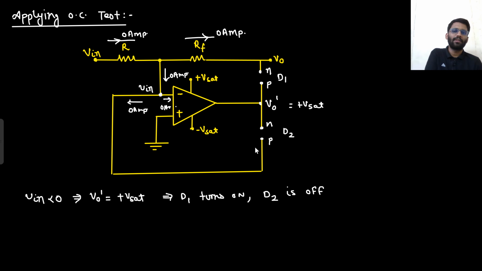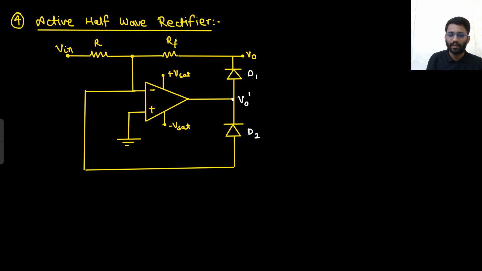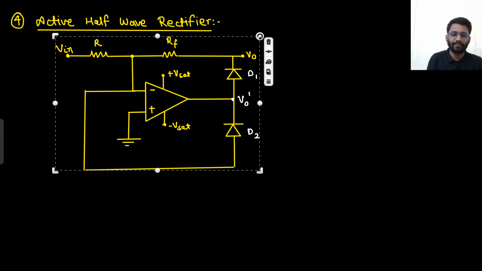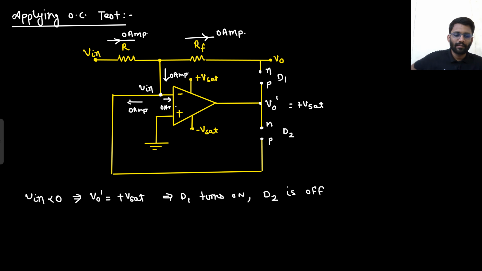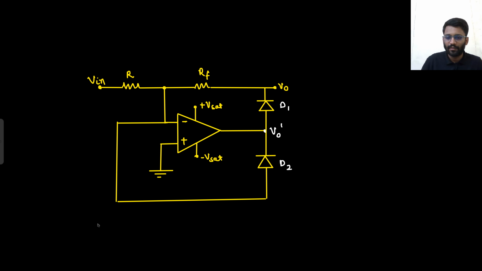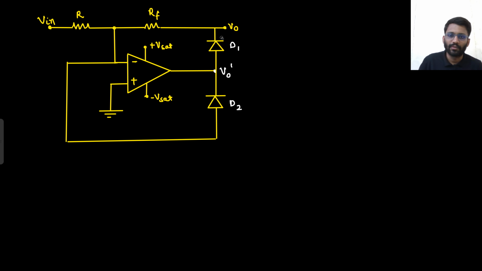So if D1 turns on, then this will be replaced with the simple battery of 0.7, right? So I will copy this simple circuit only. So D1 turns on and D2 is off.